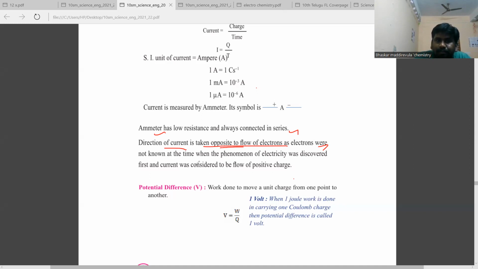The direction of current is always opposite to the direction of electrons in an electric circuit. Now I will draw one simple electric circuit and show the direction of current and direction of electrons.